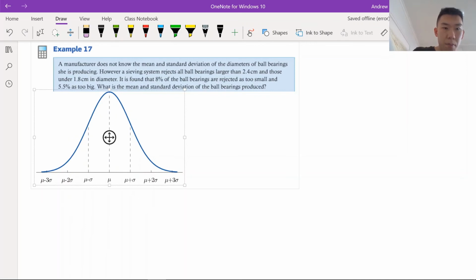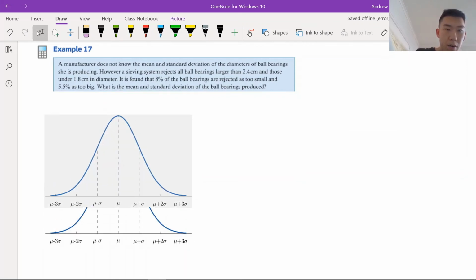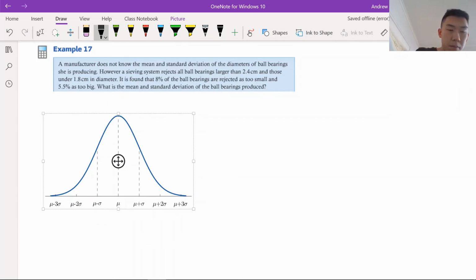All right, so if we treat this as our random variable, this is our x graph. We may standardize this, we probably will. So we don't know the mean, but we know that 8% are too small, so let's label that: 0.08.